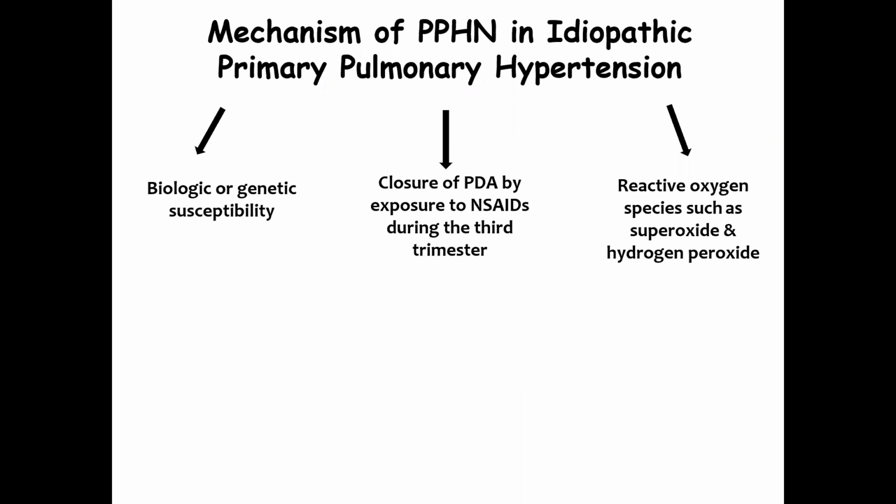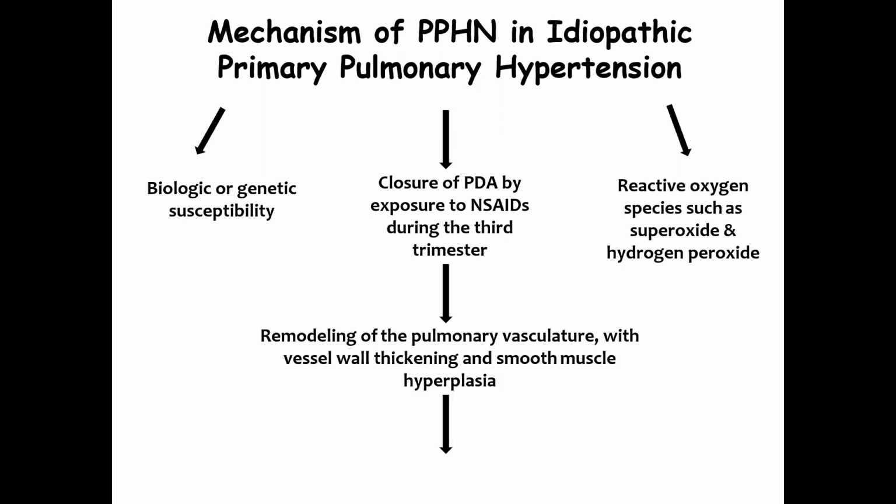In idiopathic or primary PPHN, PPHN tends to be secondary to biological or genetic susceptibility due to mutations in the bone morphogenetic receptors, or closure of the PDA due to maternal NSAID exposure. Sometimes this history may not be evidently elicitable, and we end up classifying some of these NSAID-secondary PPHNs as idiopathic PPHN, and it could sometimes be due to reactive oxygen species, particularly superoxide and hydrogen peroxide.